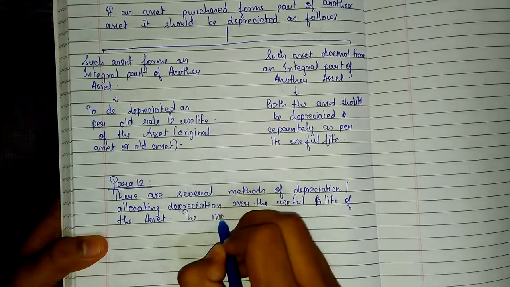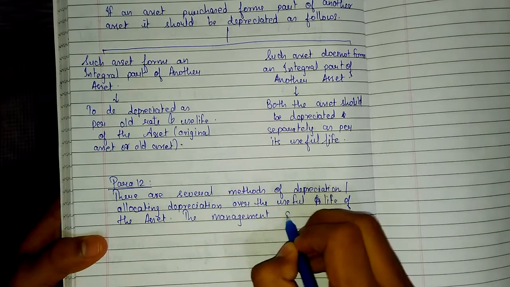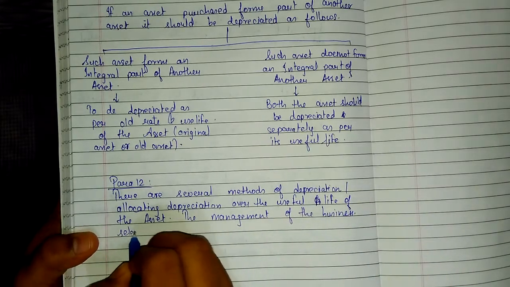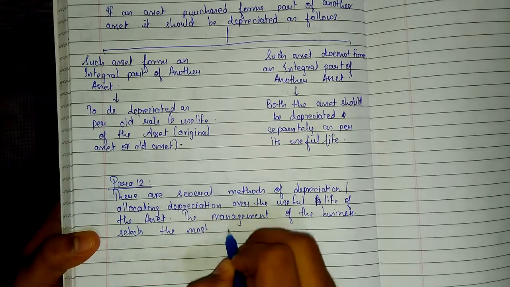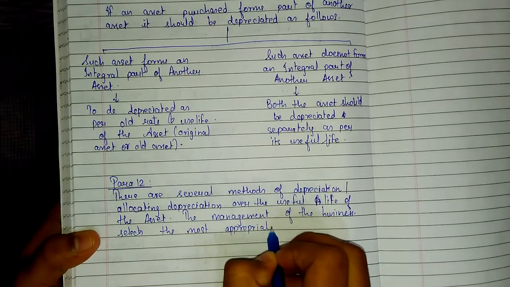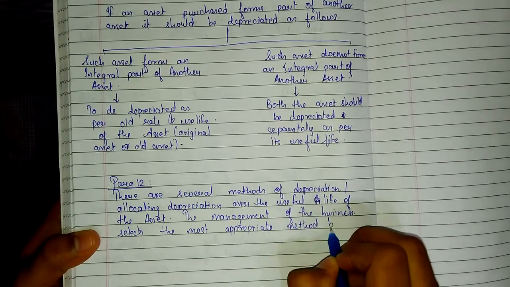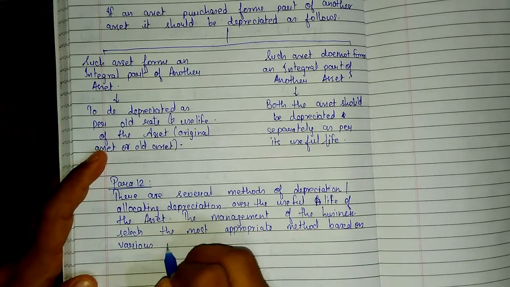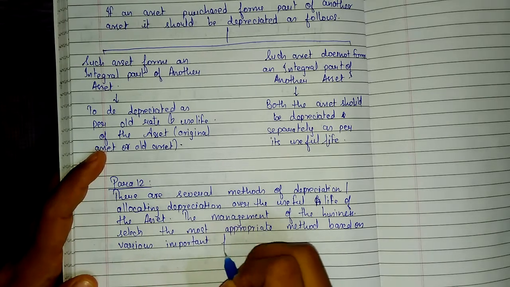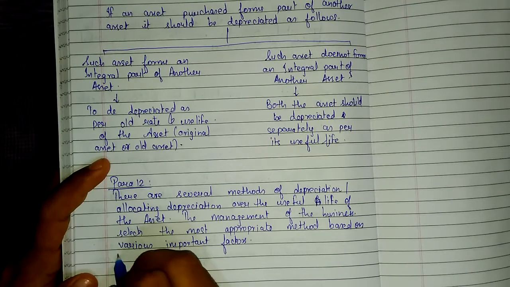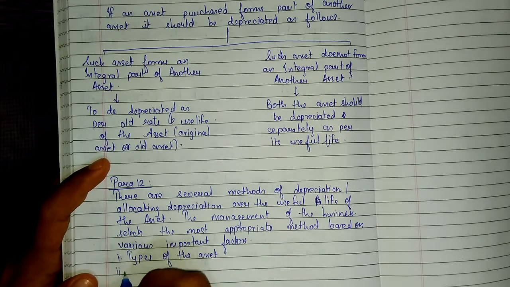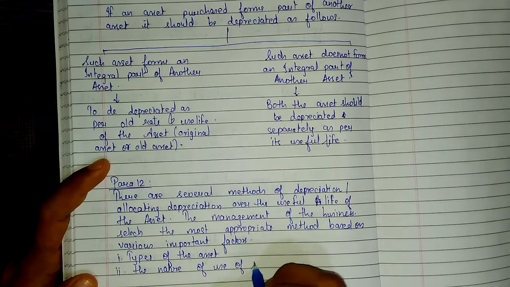The management of the business selects the most appropriate method based on various important factors, which are: first, types of the asset; second, the nature of use of such asset.